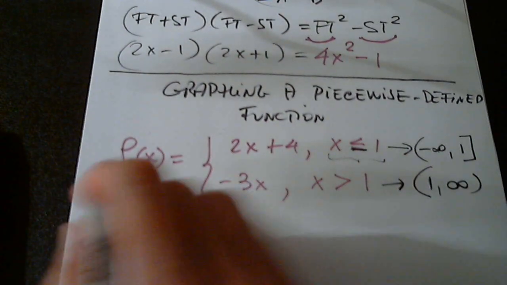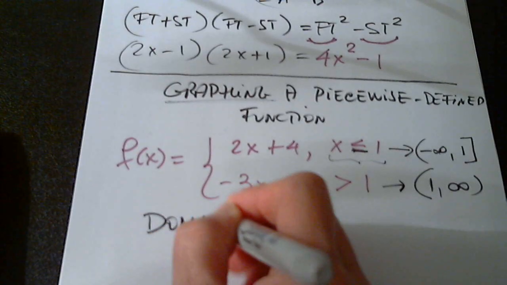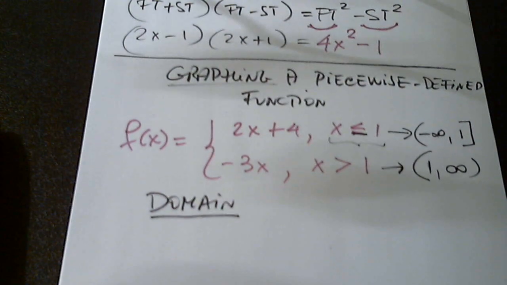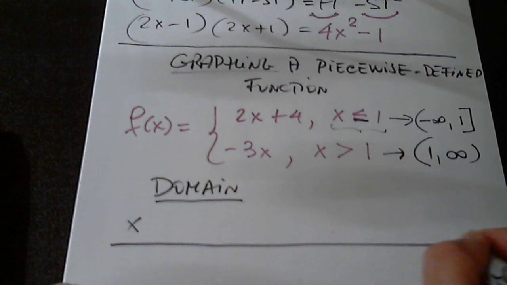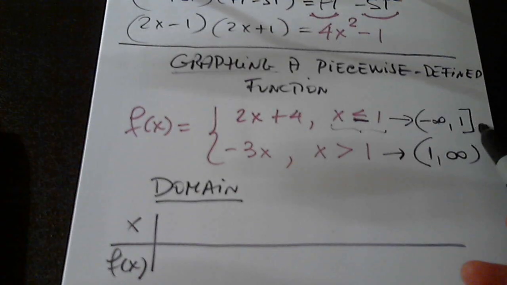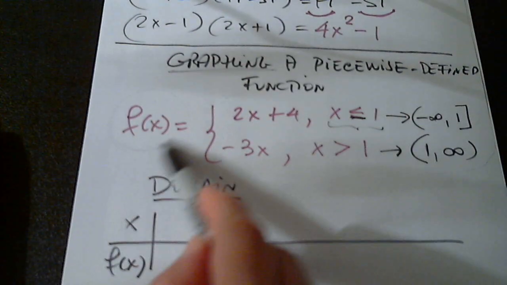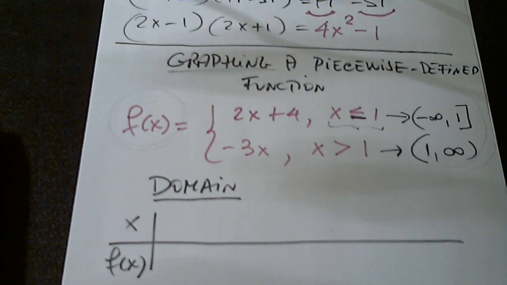Great job. Every time I'm asked to graph, the first thing I have to think is domain. This is the key. It's the starting point. Then I will create a table, and I will put the domain in there. Can anyone read from here the domain of this function? What will you say?